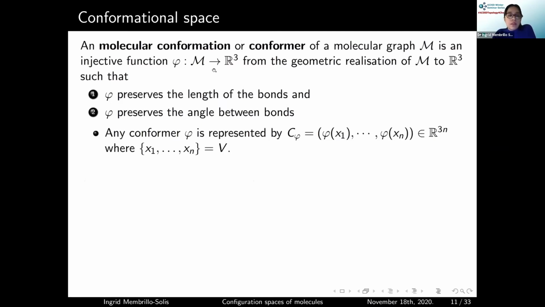Maybe a better way to think about a conformer is not just as a function, but as the image of the vertices under that function. So for instance, a conformer phi can be represented by a tuple of points in R3 to the n. And here the vertices are given by these points, the images of the elements in the set of vertices under the function phi.